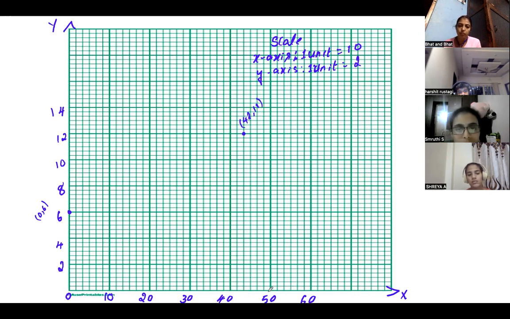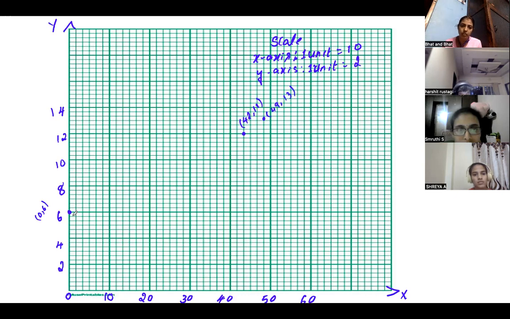Then 49, 13. So 49, this is now 12, then 2, 4, 6, 8, 10, 12. Okay. So somewhere here it is 13. So it will be 49, 13.